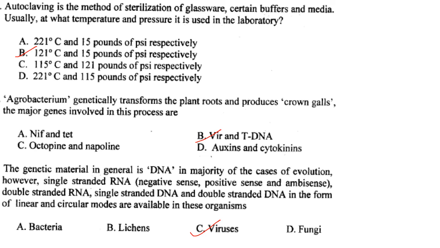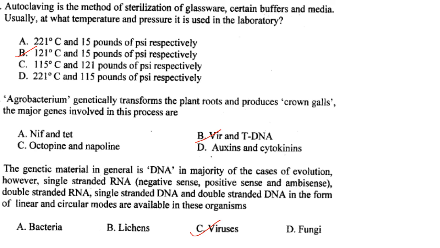The next one. The genetic material in general is DNA in the majority of cases of evolution. However, single-stranded RNA, that is negative sense, positive sense or ambisense, double-stranded RNA, single-stranded DNA and double-stranded DNA in the form of linear and circular modes are available in these organisms.